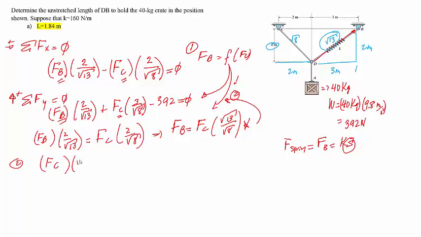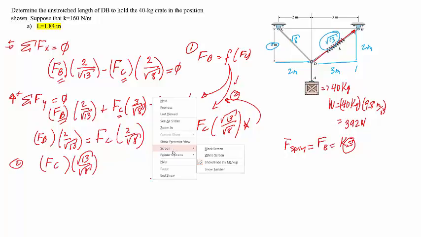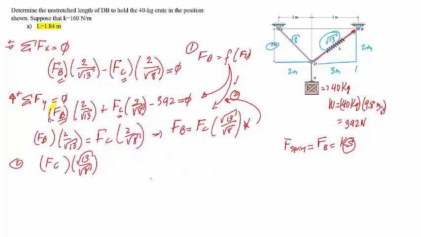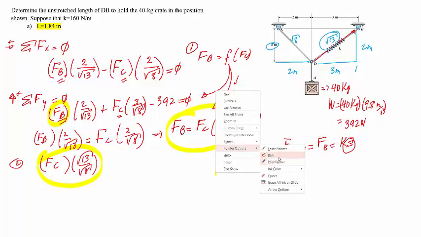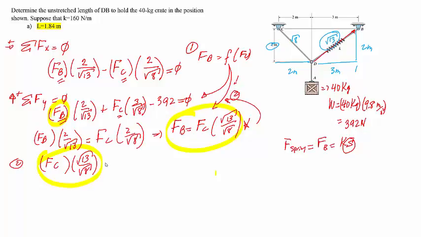FC square root of 13 over 8, and remember what I'm doing is now this expression is this here, based on this change, and then it's multiplied times 2 over square root of 13 plus I have FC 3 over square root of 8, and this equals 392 newtons.